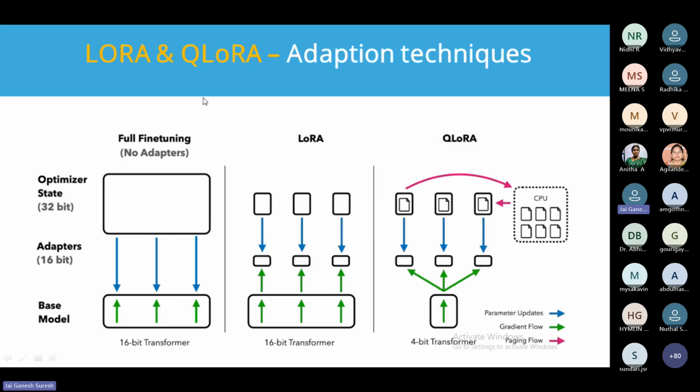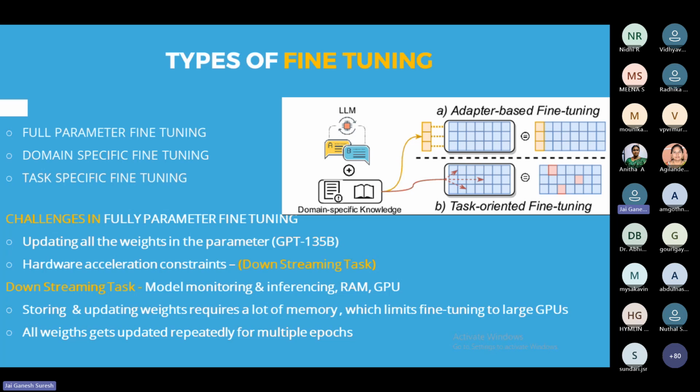So what is the problem? Why are you making fully fine tuning sound so scary? It's because fine tuning all 3 billion parameters is not that easy. The reason is hardware acceleration issues; we don't have that much hardware acceleration.